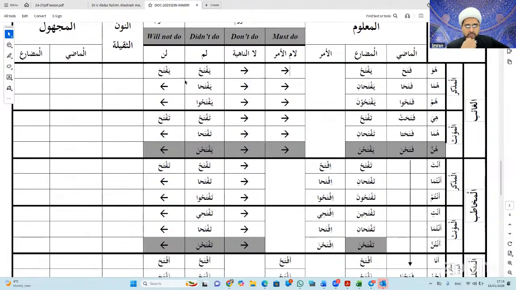What do I mean by that? I mean in regards to their harakat. According to the harakat, a present tense verb can take three different states.